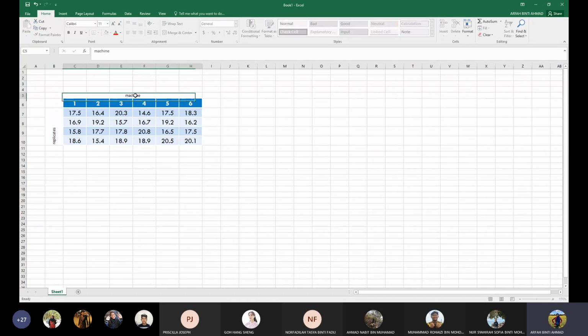Okay. So yang ini machine sebagai dia punya treatment. So in this example kita ada n kecil sama dengan 4, sampel kita sama dengan 4, k sama dengan 6. So N besar sama dengan 4 kali 6, 24. Okay.